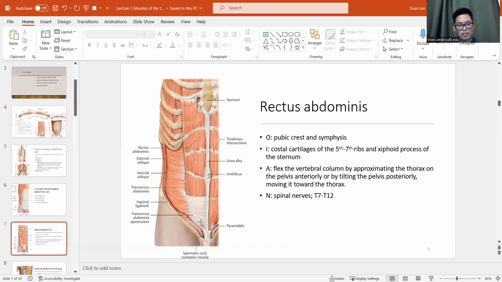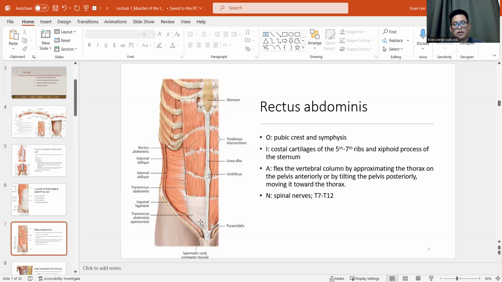Now, this muscle is on the front of the abdomen, and when this muscle contracts, it pulls your trunk downward, as in it flexes the vertebral column. So it flexes the vertebral column, but if fixed, your rectus abdominis can also pull on the pelvis alternatively.